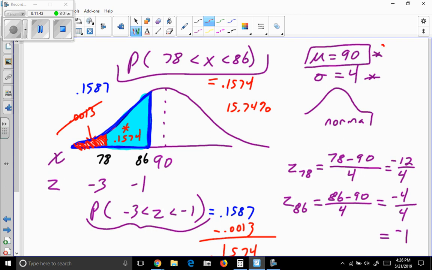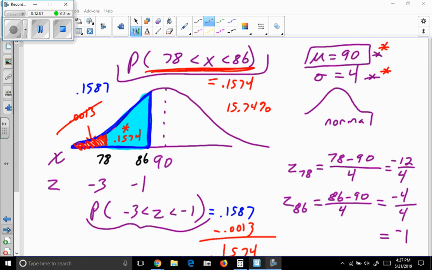So if this is the average for a test and this is the standard deviation, you have about a 16% chance of making somewhere in this interval for your test grade.